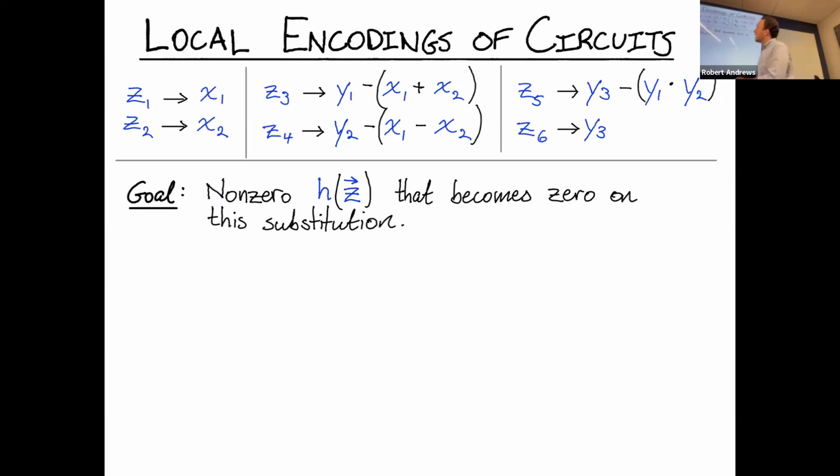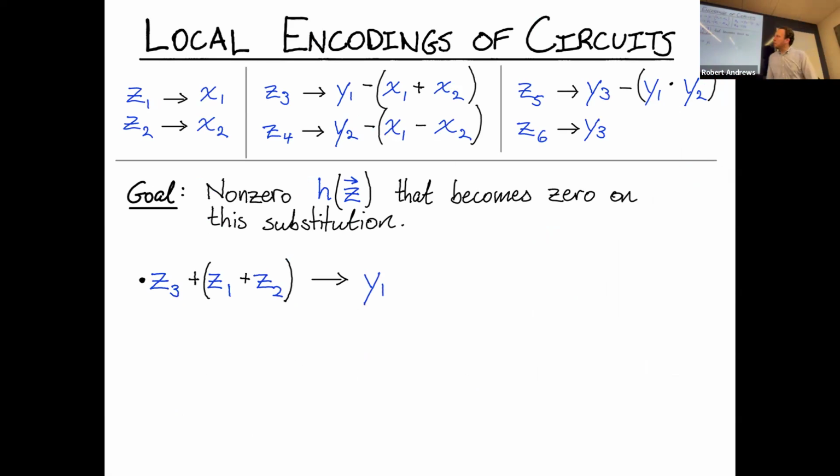Okay, so again, there's always an implied equals 0. x1 is 0, x2 is 0, and y1 equals x1 plus x2. As humans, we know that this means y1 is 0. I want to just write down some algebra that captures this reasoning.